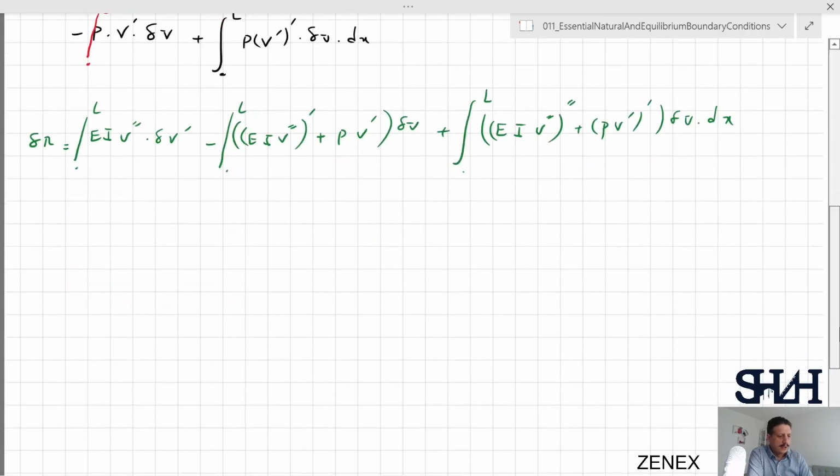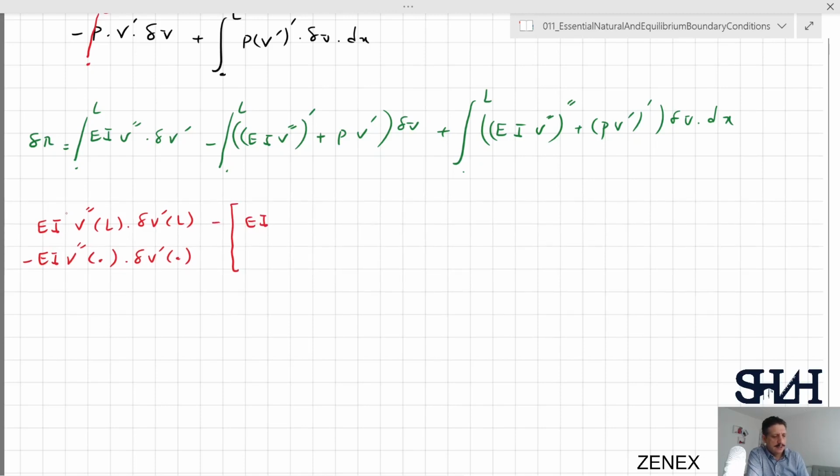So here we will have EI v'' at L delta v' at L minus EI v'' at 0 times delta v' at 0 for the first part, minus EI v''' at L plus P v' at L delta v at L minus EI v''' at 0 plus P v' at 0 delta v at 0.